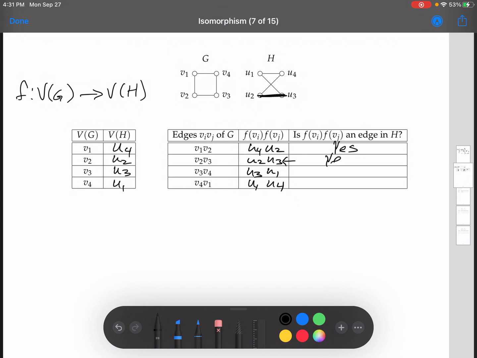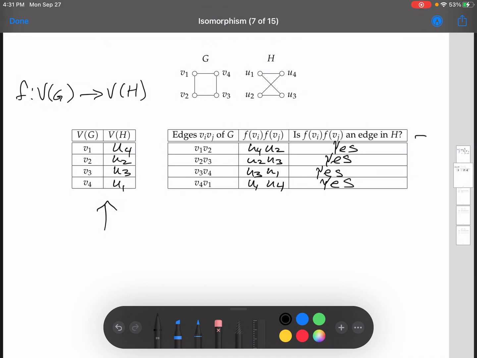Yes. U3, U1. Let's see, yep, that is right there. Yes. And now lastly, U1, U4. Yes, that is.